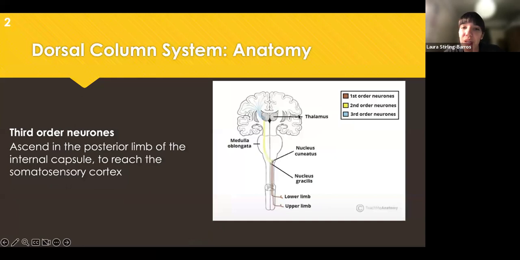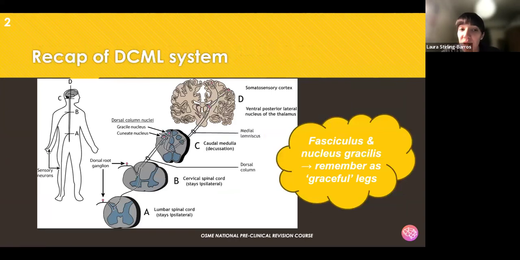So just to say then, from the third order neurons, we said from the thalamus we go to the somatosensory cortex through the posterior limb of the internal capsule. I must say that was a lot of information given all at once, so we can just recap it now. First of all, we had the receptors on the skin, which are the first order neurons which go to the spinal cord, and those neurons have their bodies in the dorsal root ganglia.